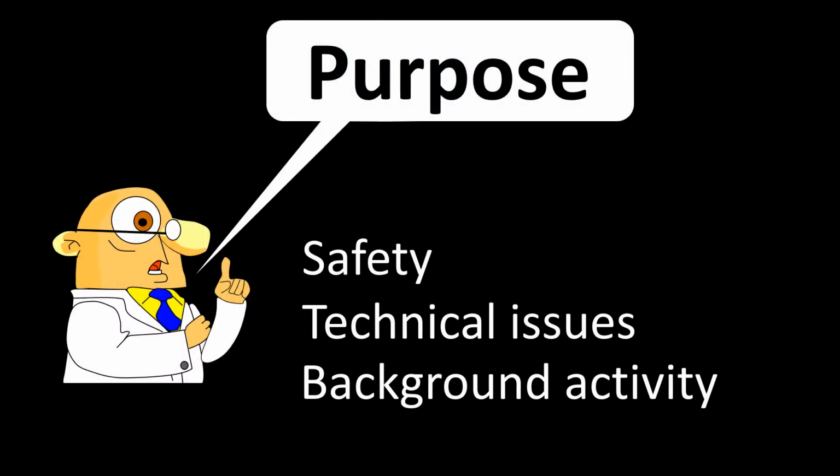The purpose of this lecture is to talk about safety, technical issues, and background activity. Graphoelements, clinical related considerations, and conclusions will be addressed in a future talk on the subject.